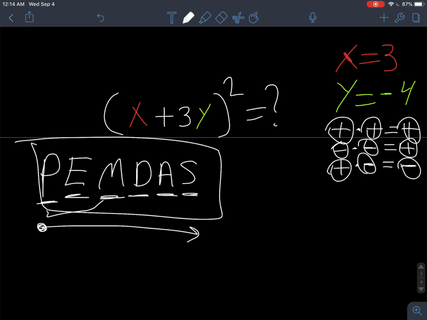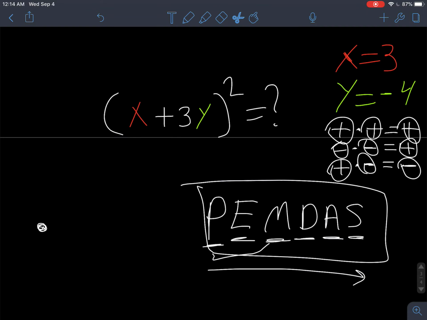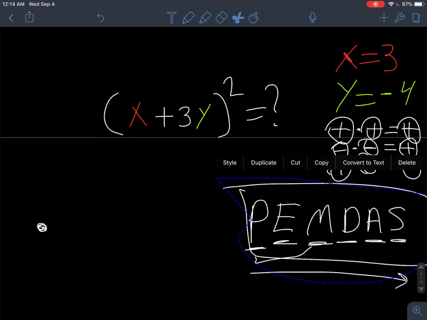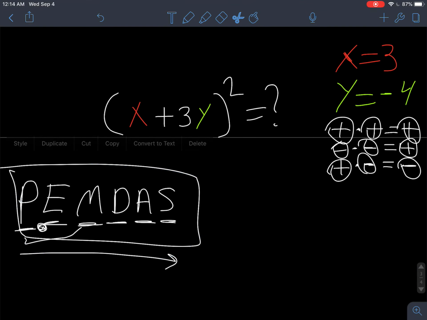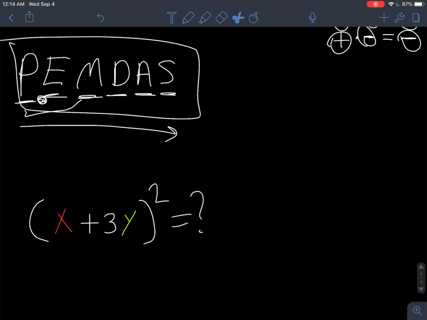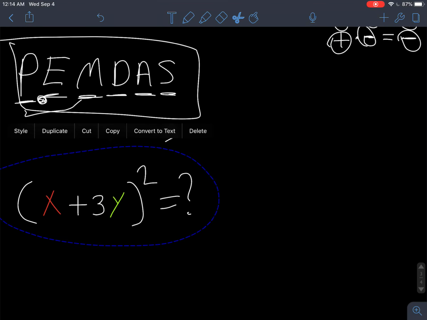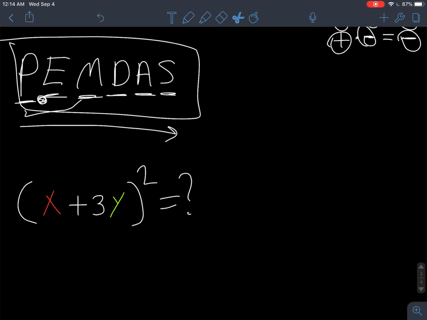So here in this problem, you know what? Let's move the problem down here. It's better for us. Here is good. Okay, so let's check. Just go from left to right.